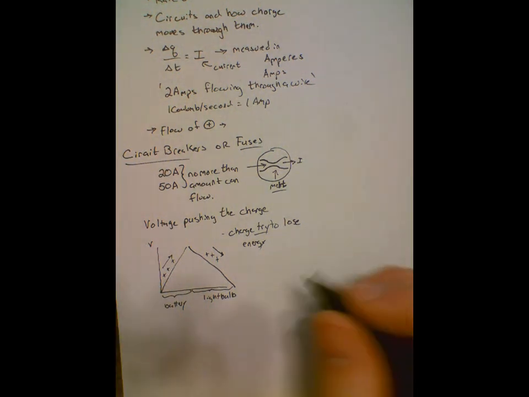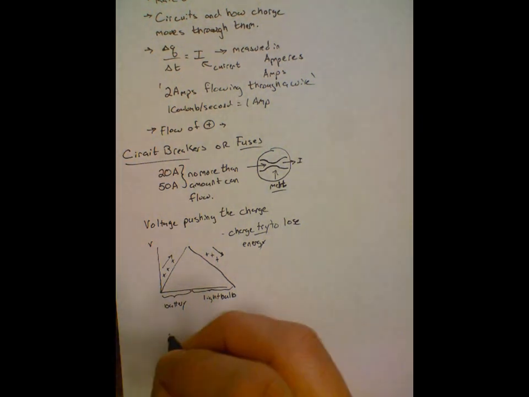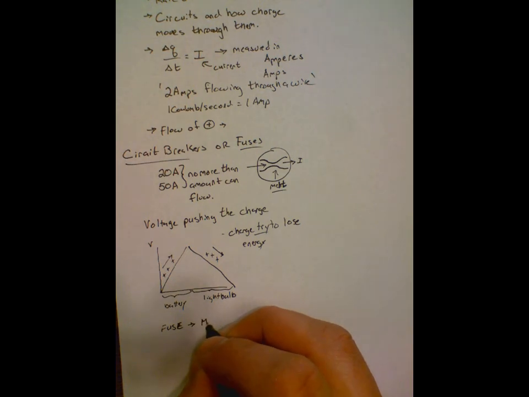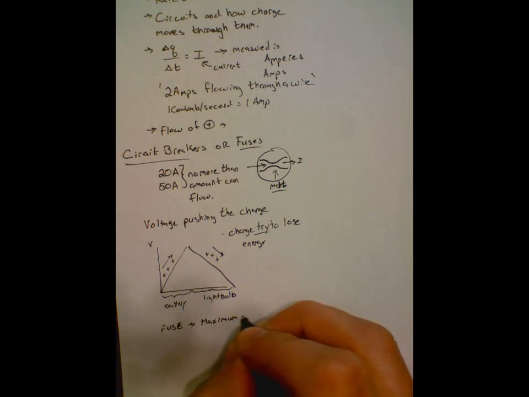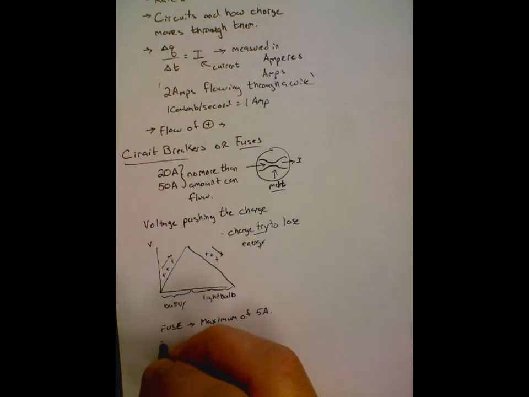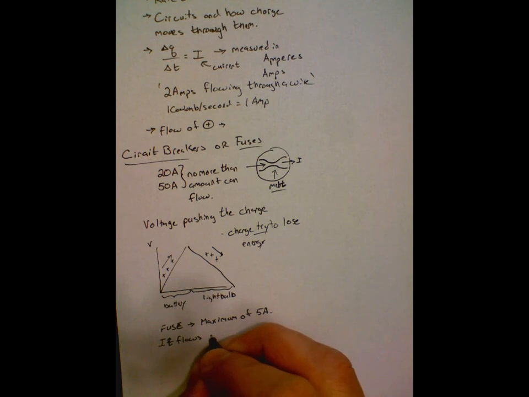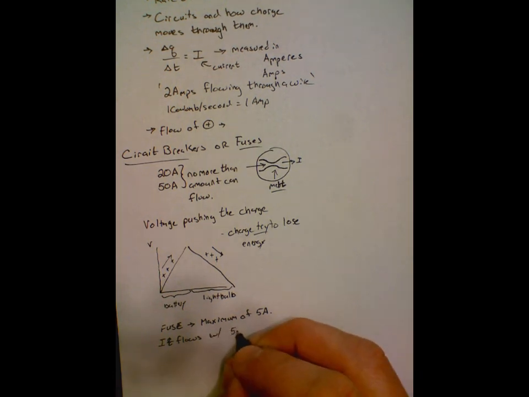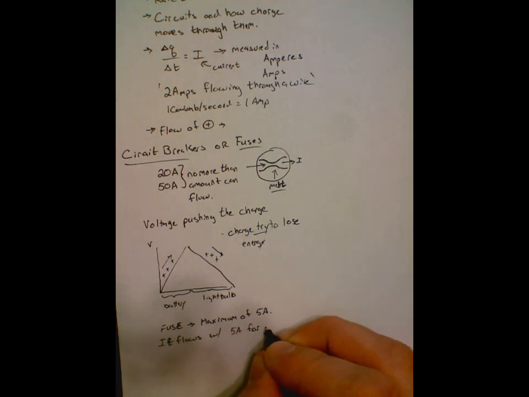All right. Real simple. Let's say you have a fuse that has a maximum of 5 amps. Current flows with that maximum for half a second.